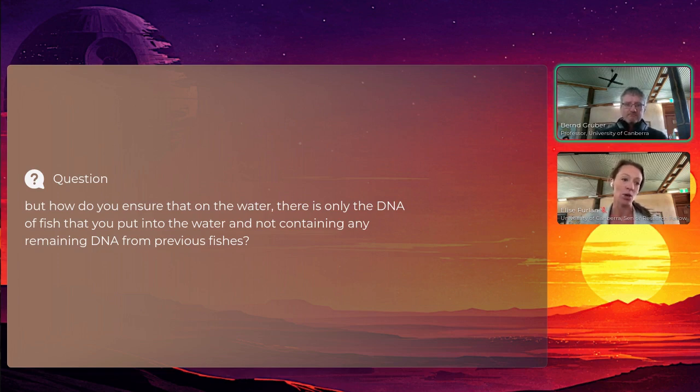When I say clean water, I mean water that's free of DNA of your target species. Ideally, we'd use sterile lab water, but fish aren't going to be able to cope in those conditions because they're used to the particular water quality they've been living in.